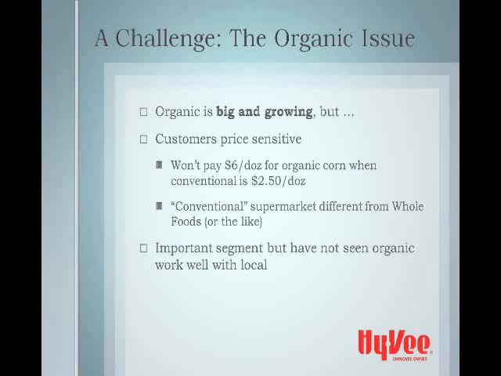That's really not our model, and we love those niches. I'm incredibly impressed with them. But typically that's a somewhat different customer than a conventional supermarket customer, and we see that that's still pretty price sensitive and that we've got to be careful on the price spread. So again, we haven't seen it work well with local and organic yet, but we certainly would welcome that and hope that that's something that would continue to evolve. Next slide.